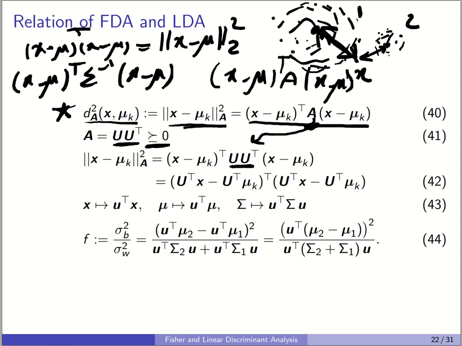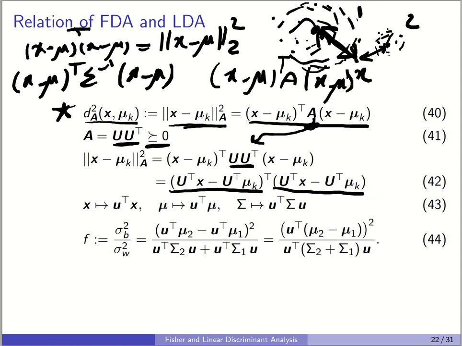According to the definition of positive semi-definite matrix, we can write A as UU transpose, and then we put U in these parentheses after applying this transpose. We also put this U transpose in these parentheses. We will have this. Now what is this? Equation 42.